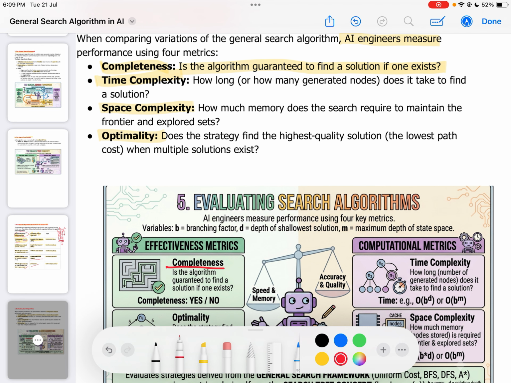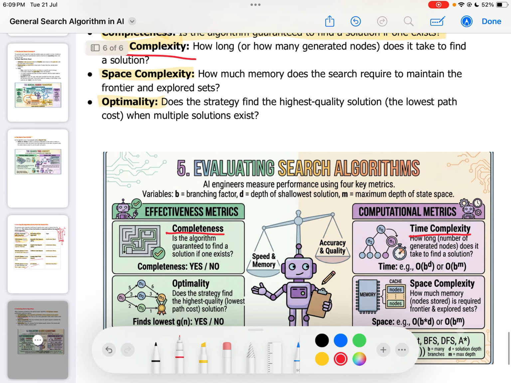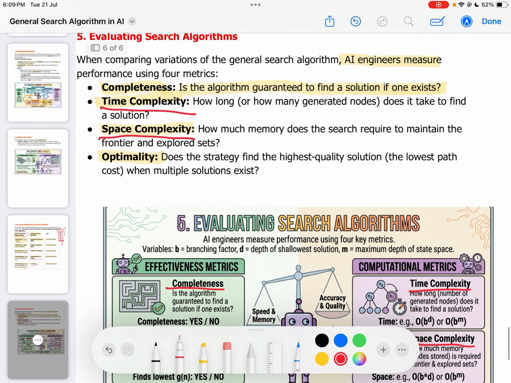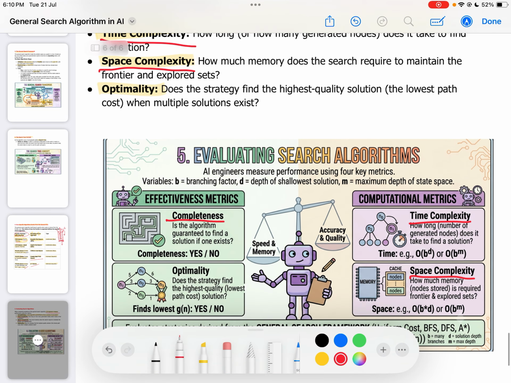Second is time complexity. What time will it take? It should not take hours. It should give a solution in the minimum time required. That is the time complexity. Third is space complexity. How much memory does it require to process this search? As AI engineers, we should be looking at all these four elements. Fourth one is optimality.